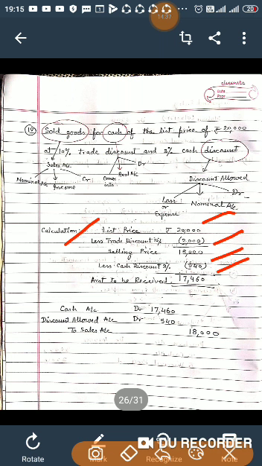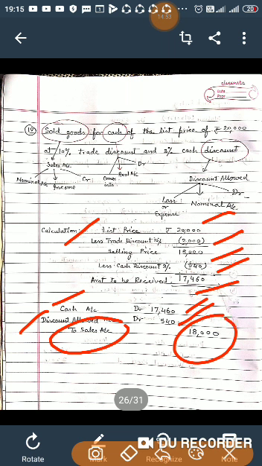So the amount remaining is 17,460. This is the actual amount we are receiving from my customer. So cash is coming to the business, so it should be debited with 17,460. Discount allowed is an expense, it is debited for 540.